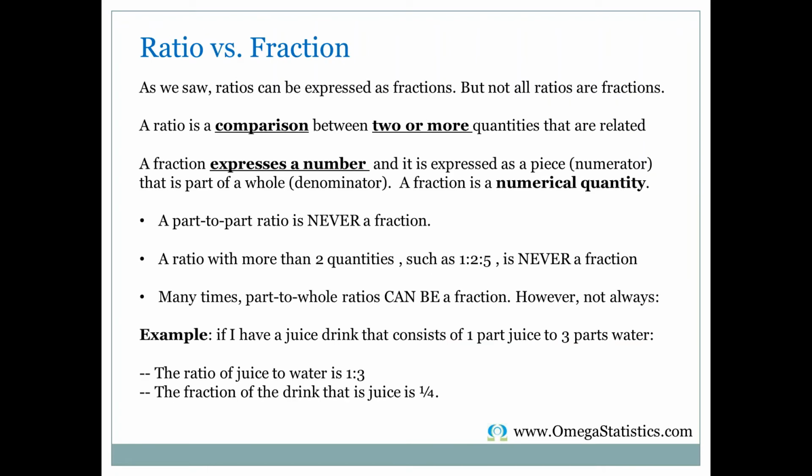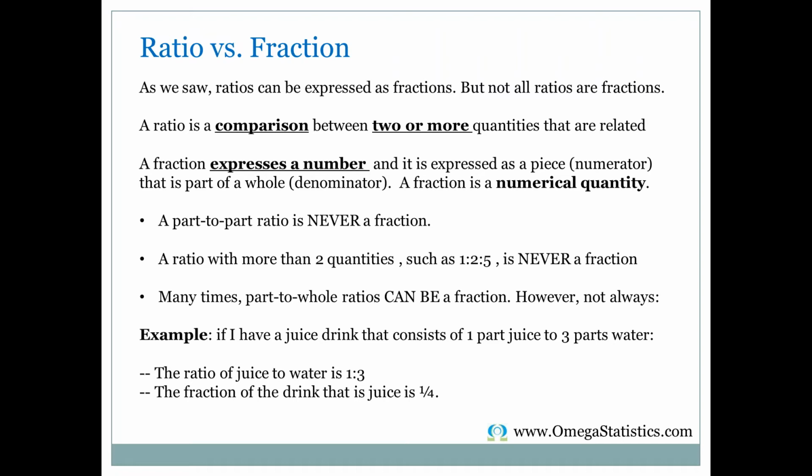As we saw, ratios can be expressed as fractions, but not all ratios are fractions. As I already said, a ratio is a comparison between two or more quantities. A fraction is basically a part to a whole. You have two things. But a ratio, you could have 3 to 2 to 5. I always like to use baking a cake recipe, where you certainly have more than two ingredients.